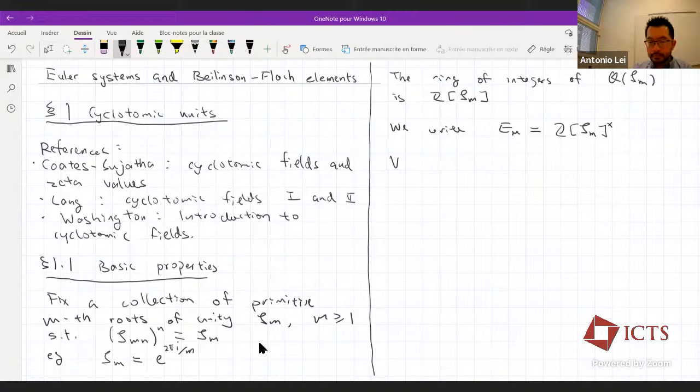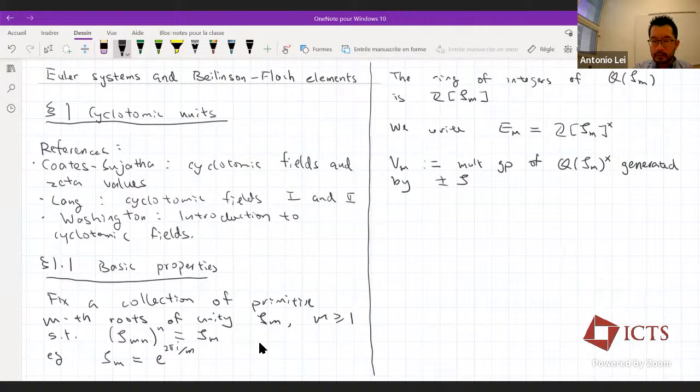Now we will write V_m for the multiplicative group inside this field generated by the roots of unity, so plus and minus zeta_m, as well as 1 minus zeta_m^a, where a is between 1 and m minus 1.